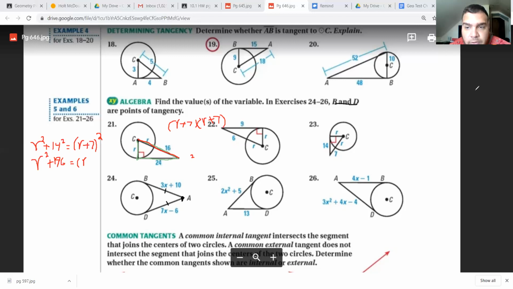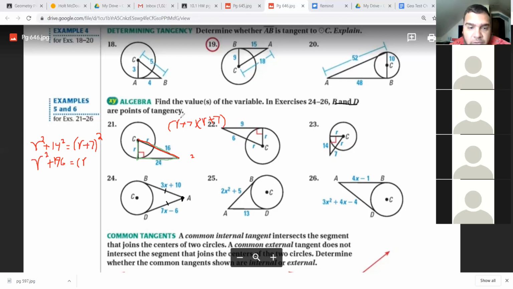Jay, what is r times r? It's no trick question. Just tell me what r times r is. R squared, good. Elizabeth, what is r times 7? 7r.